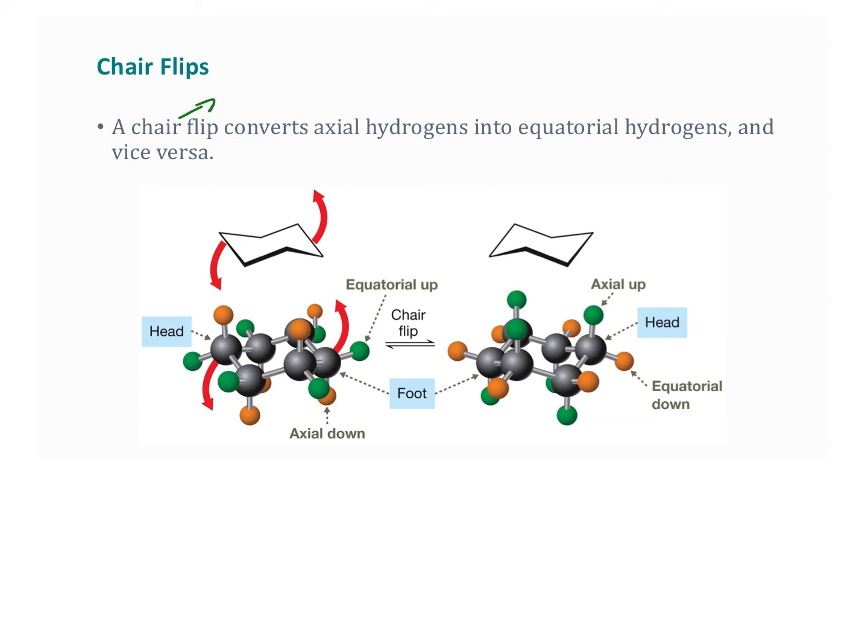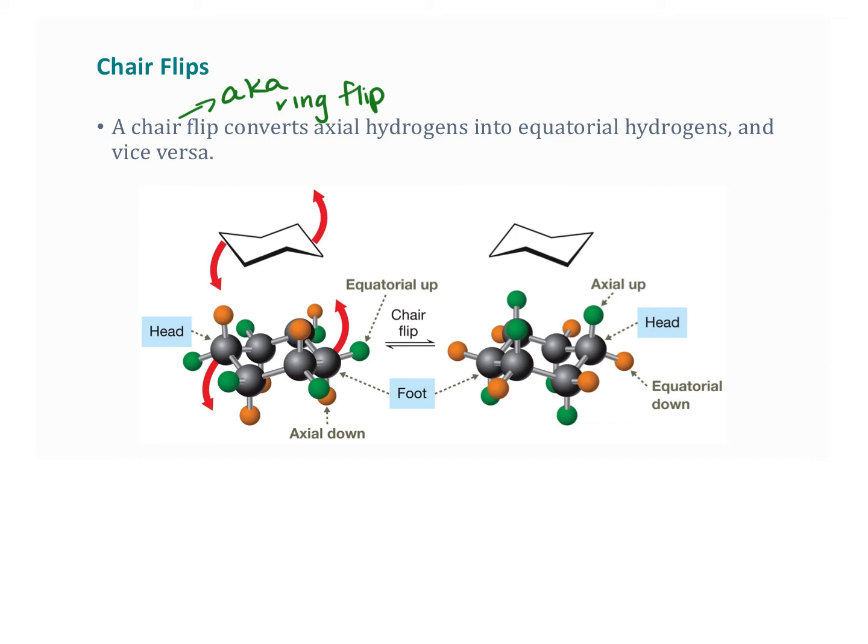This is also sometimes called a ring flip, depending on what vocabulary you're using. And so what's happening here with a chair flip or a ring flip is you have 2 versions of cyclohexane that are interconverting rapidly. Like we're talking millions of times per second at room temperature, okay?